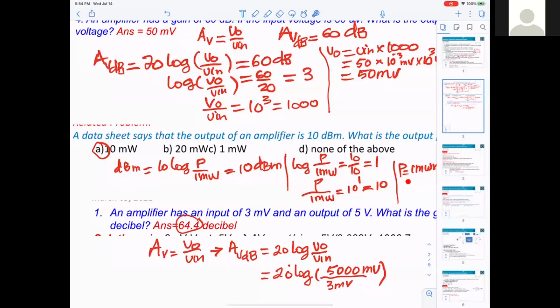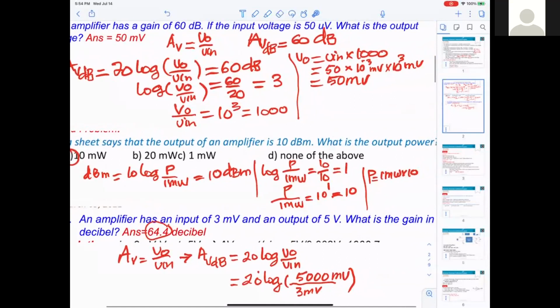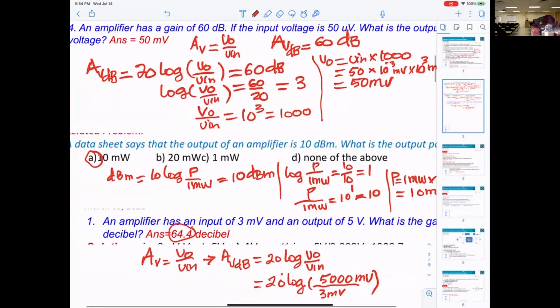Keep going to P equals 1 milliwatt. Okay, that's 10 milliwatt. That means 1 milliwatt times 10. Thank you. You're welcome. And the answer will be A.